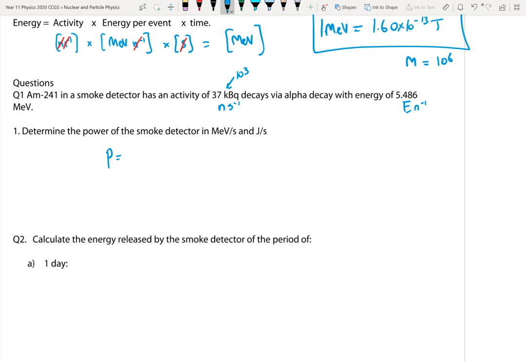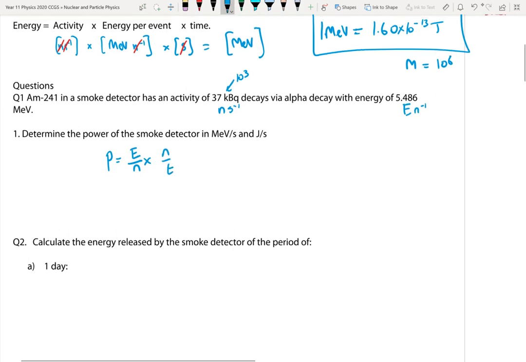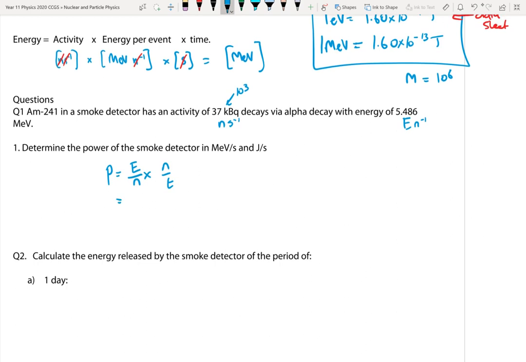So, do we have an equation? Well, not really. What do we do? Energy per event times events per time. There's no real equation, so we're just going to multiply. 5.486 times 10 to the 6 over n multiplied by n over... Oh, hang on.